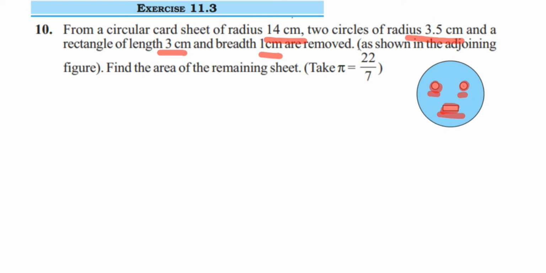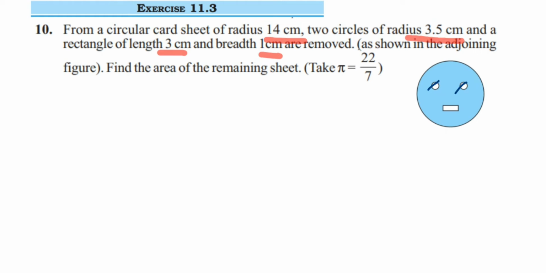So let's see how to do this. Now in this question we have to find out the blue part, this blue shaded part. How to do this? So what we're going to do here is first find out the area of the whole circle, the complete circle. From this area we're going to remove the small circles and the rectangle, which means we have to find out the area of the big circle, that is the whole circle, and then we have to find out the area of the small circle.